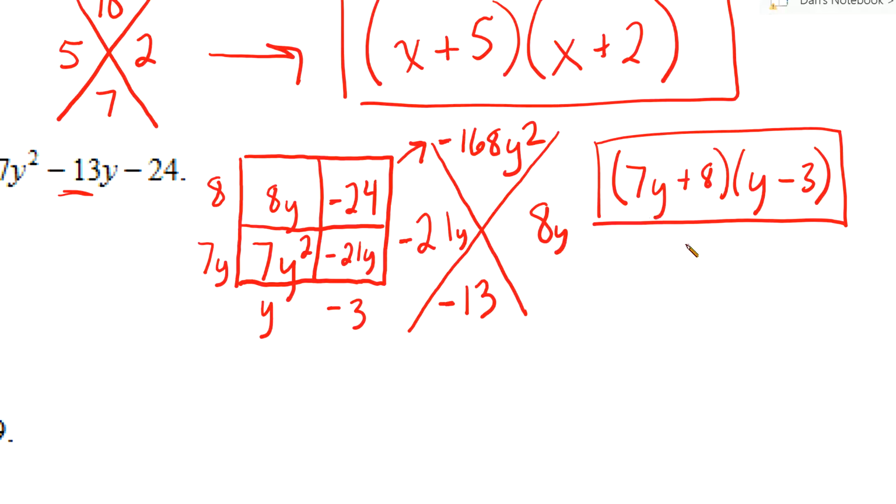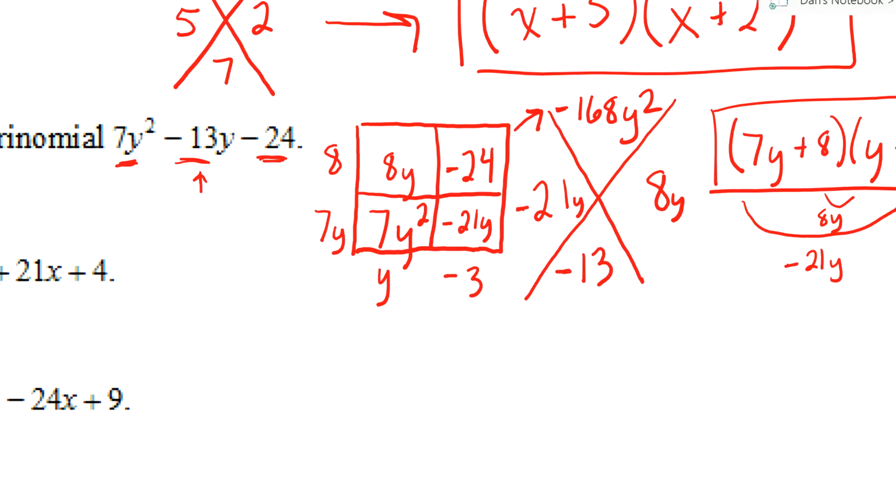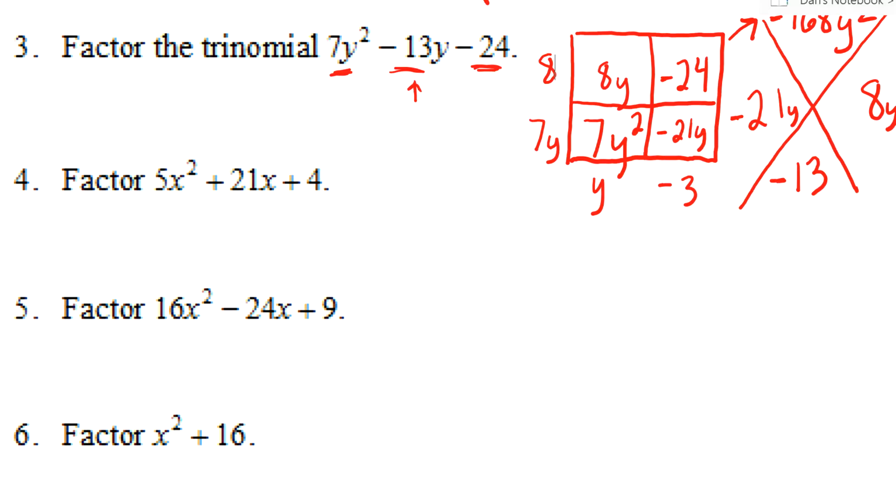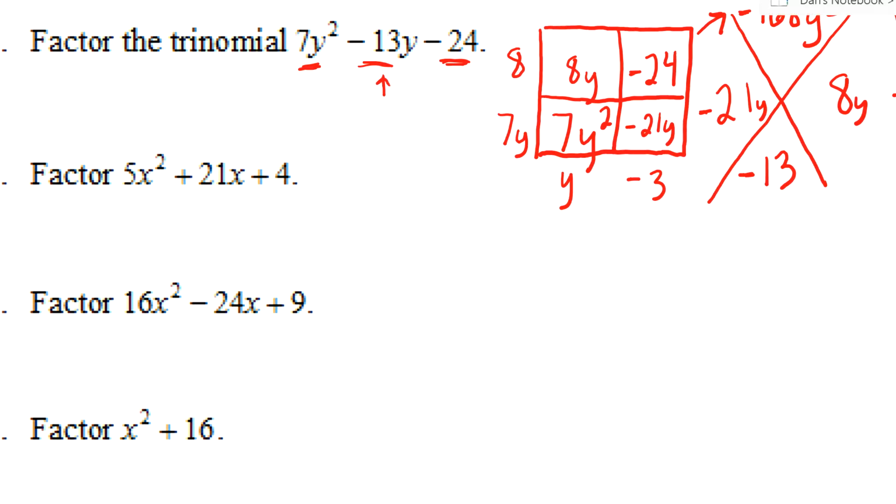So if I multiply this, 7y squared checks with right here. 8 times negative 3 is negative 24, that checks there. Then all I do is check the outside, which is negative 21y, and the inside, which is 8y, and you can see that that multiplies to negative 13y. So you could work backwards just by looking at the A, B, C, D multiple choice answers. And that's one of the harder ones here.